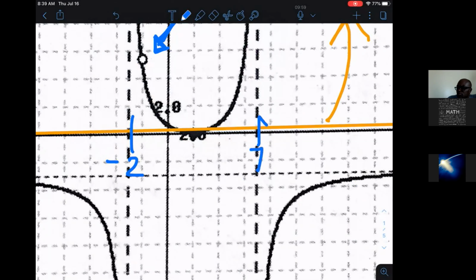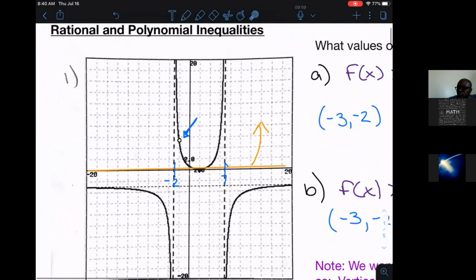So this is going from -2, because this is where it's getting really, really close to, but never touching. Then the graph continues going up really, really close to this point, and at this x value, this point is 7.